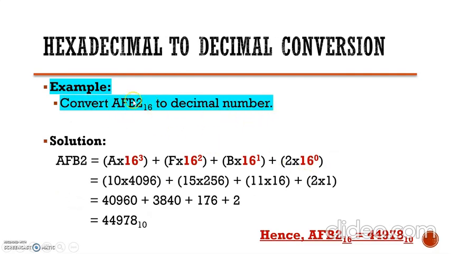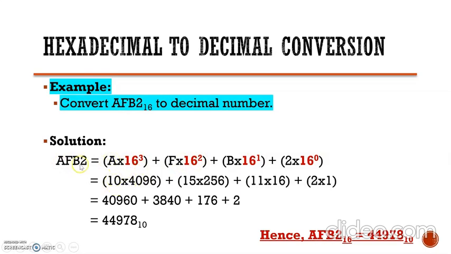Convert AFB2 base 16 to decimal number. So solution, AFB2, the last digit here 2 is going to multiply by 16 to the power of 0. The second from last B is multiplied by 16 to the power of 1. F multiply with 16 to the power of 2, and A is multiplied with 16 to the power of 3.